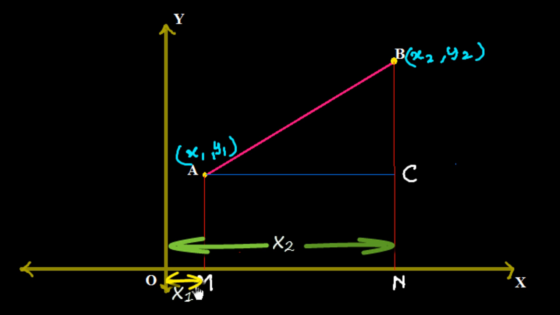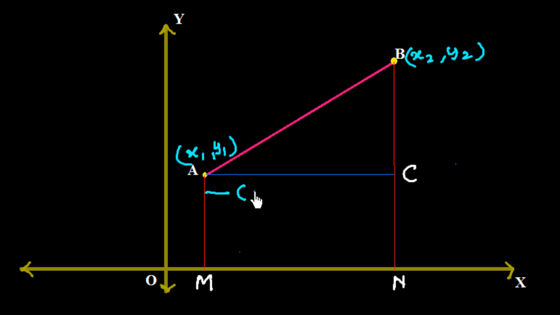Here you see it is x1 and it is x2. So if we have to find MN, then it would be x2 minus x1. So AC is x2 minus x1. This distance is x2 minus x1.